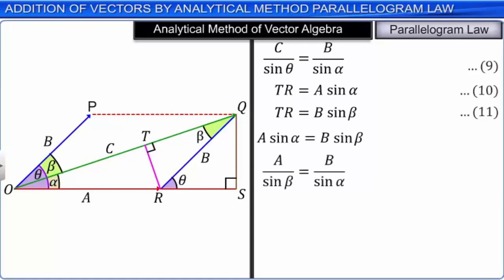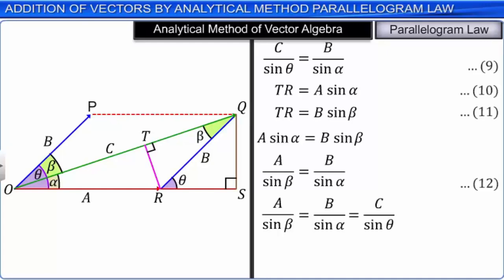From equations 9 and 12, we can write A by sin beta is equal to B by sin alpha is equal to C by sin theta. Let this be equation 13. Now consider triangle OQR.